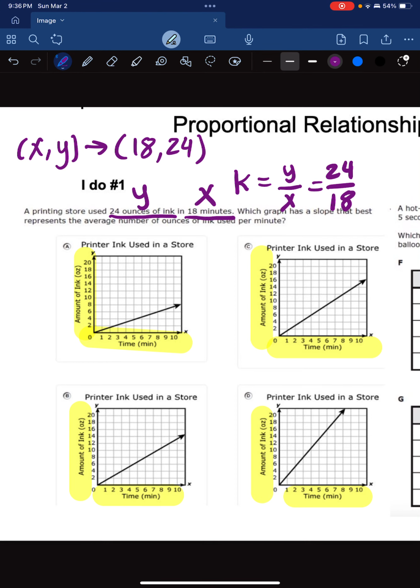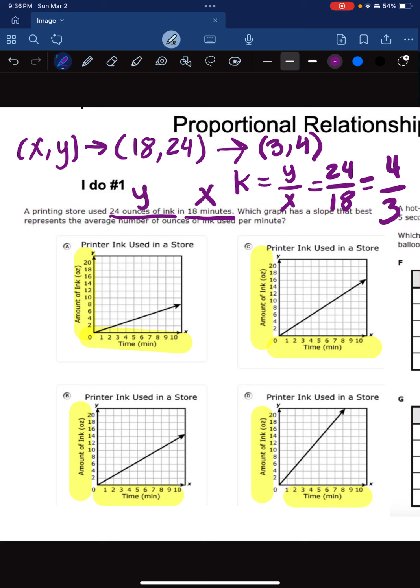Okay, so now I know this is equal to 4/3, and I can turn that into a coordinate. Remember that X is on the bottom, Y is on the top. So my new coordinate would be 3, 4. Now notice this is much smaller, and now I can find it on one of these graphs.